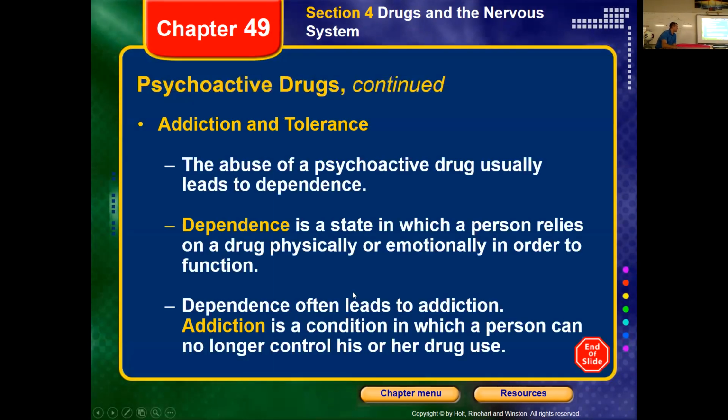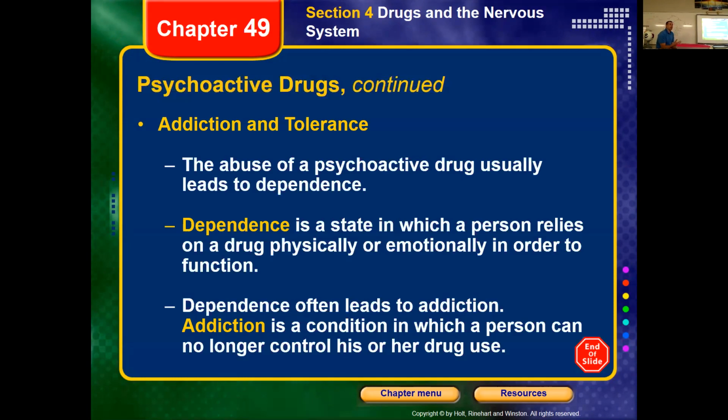Okay. Now, some terminology differences here. The difference between a dependence and an addiction, they're intertwined, so don't think that they're not similar. But dependence is, in order to function normally, you have to have the drug.